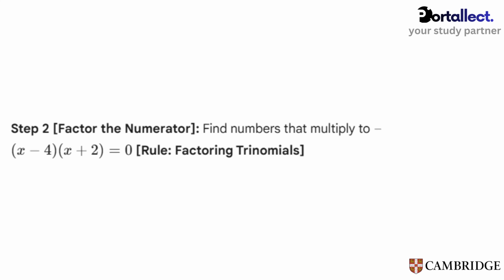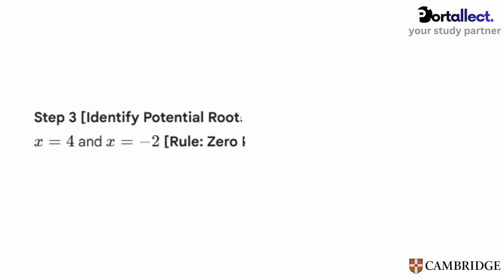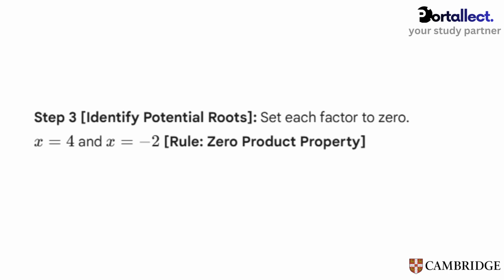To solve this quadratic, we look for two numbers that multiply to negative 8 and add up to negative 2. Those numbers are negative 4 and positive 2, which gives us the factors x minus 4 and x plus 2. Setting these to 0 gives us our potential roots, x equals 4 and x equals negative 2.